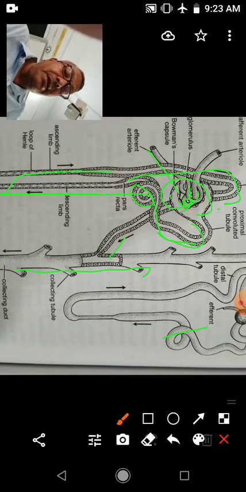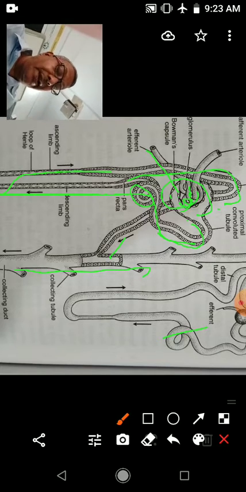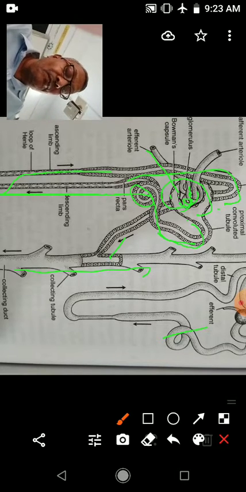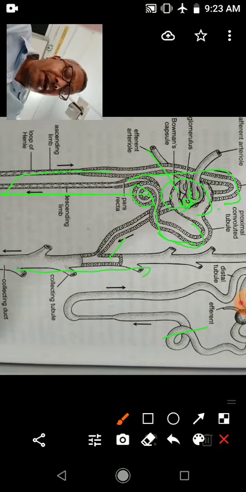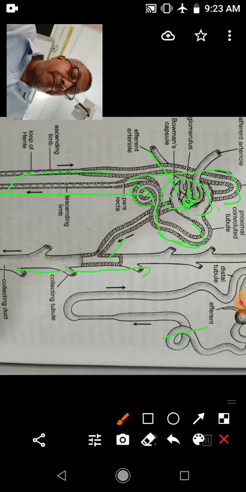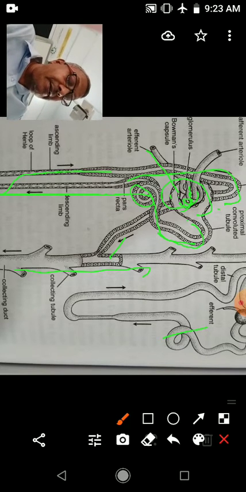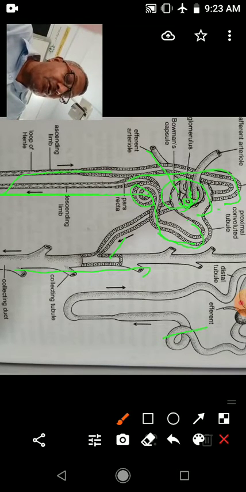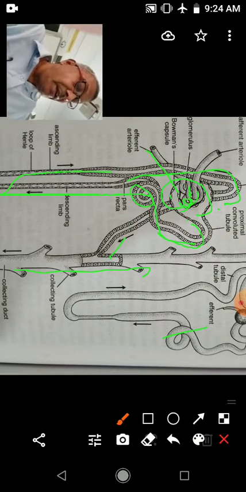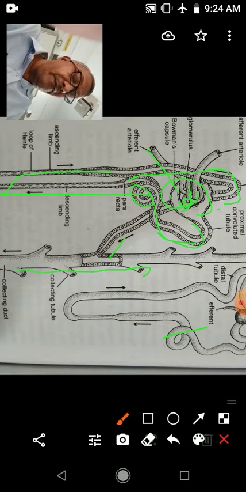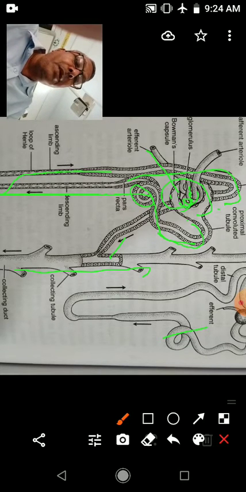In the kidney there are two types of nephron: one is cortical nephron and the second is juxtamedullary nephron. Cortical nephrons are those whose loop of Henle is short and extends only very little into the medulla region.